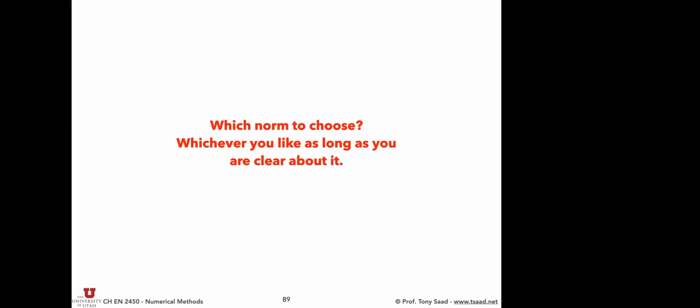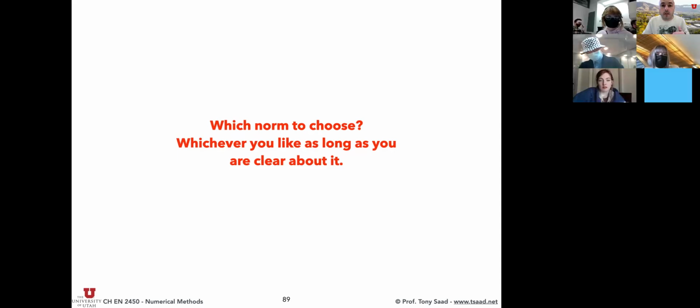Now, which norm do you choose? Whichever one you like, as long as you are clear and non-ambiguous about it, okay? So you can say, I want an L2 norm, I want an L1 norm, an infinity norm, it doesn't matter. It really doesn't matter. It's just a measure of the aggregate, but as long as you are clear to the user as to which norm you are using.